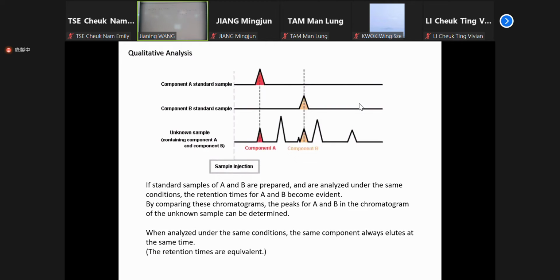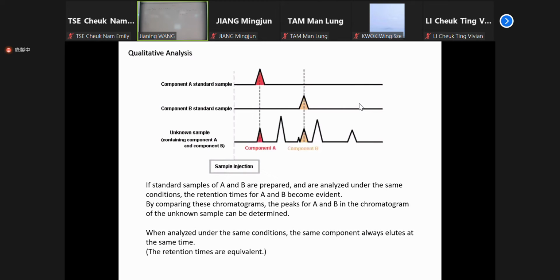So if the column condition is fixed, ideally their retention time only reflects their molecular property. So the retention time should represent the molecule species.